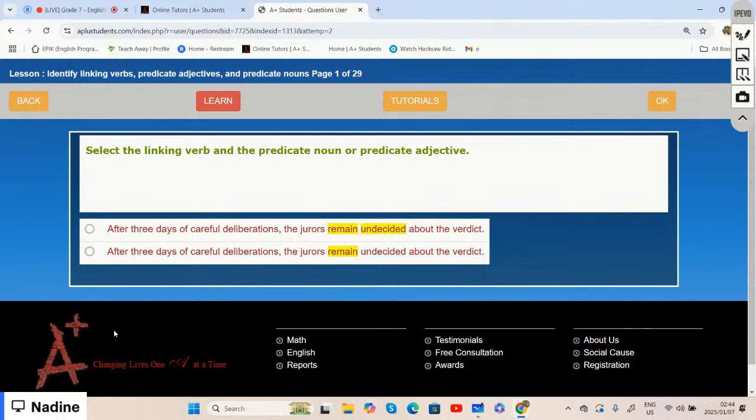All right. And if we were to choose the correct word, that is either the linking verb and the predicate noun or the predicate adjective.